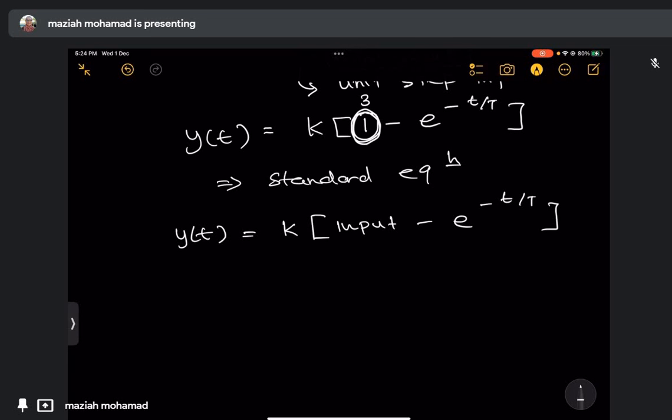Okay, ada lagi soalan? One there, 1 minus exponent negative t per T is for a unit step input. Okay, for a unit step input.